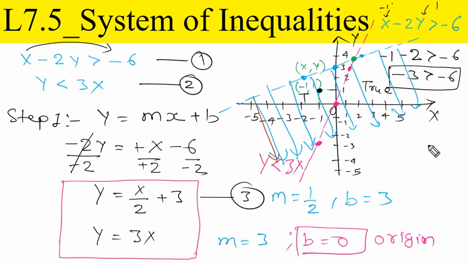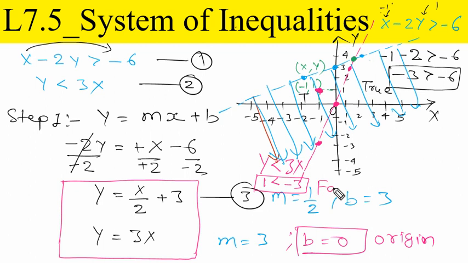Now let's check this line, y less than 3x. If I put this point here, y is 1, less than 3 times -1. That will be -3. Is 1 less than -3?